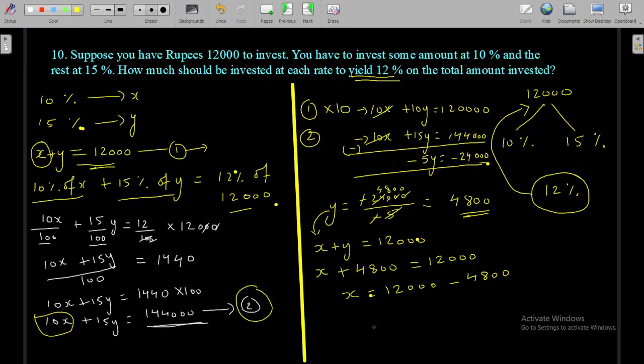So if I subtract, I'll be getting 7,200. So this is our answer. That is, x is how much? 7,200. That is the 10%. That is 7,200. And 15% is 4,800. So this is the final answer.